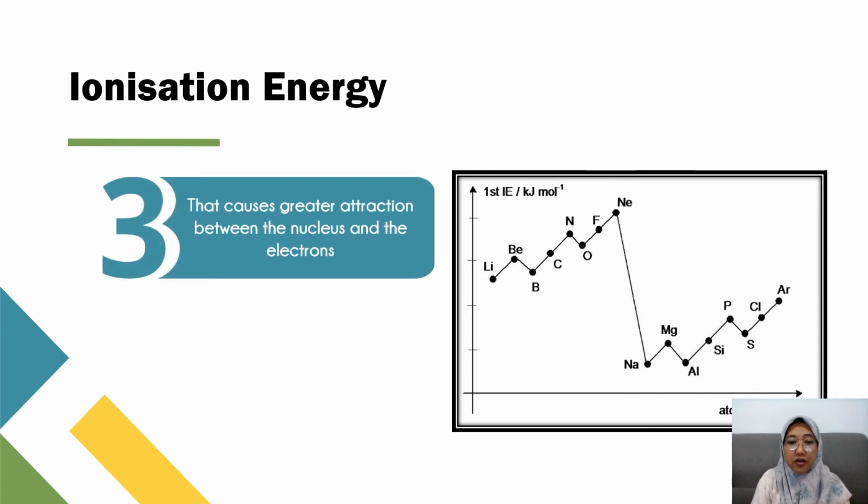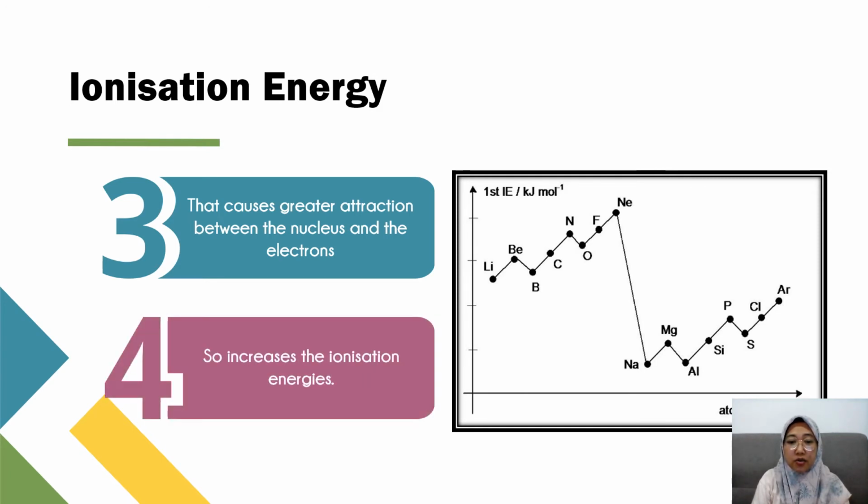So that causes greater attraction between the nucleus and the electrons. So increases the ionization energies. Okay, so bila attraction semakin kuat, jadi kita perlukan tenaga yang lebih lah, tenaga yang tinggi untuk membentuk ion to release the electron.